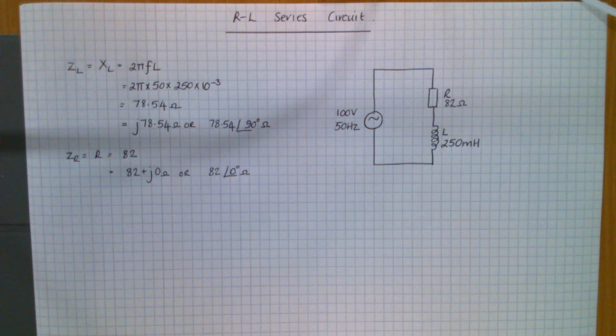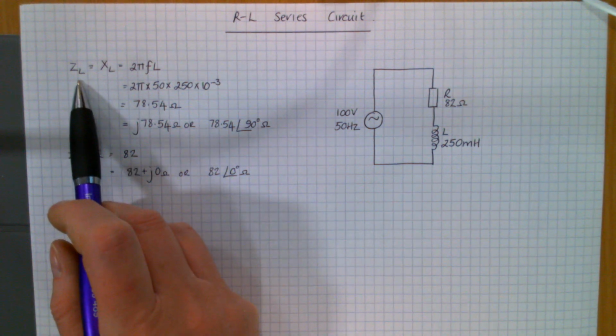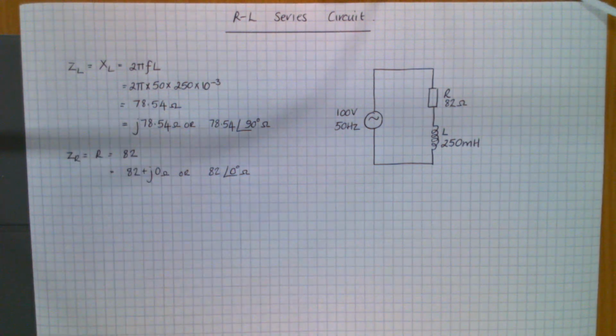So I've gone for ZL being the impedance of the inductor, ZR being the impedance of the resistor. Because resistors are just real.